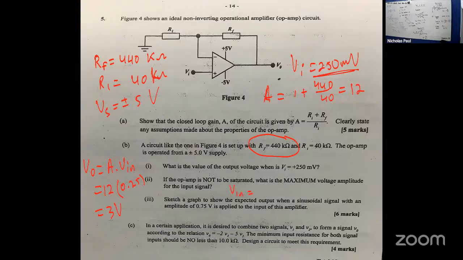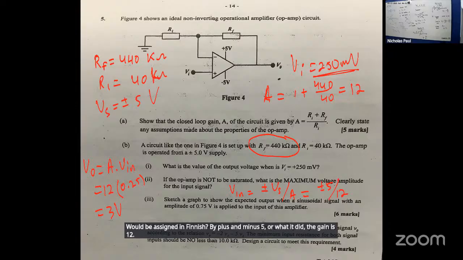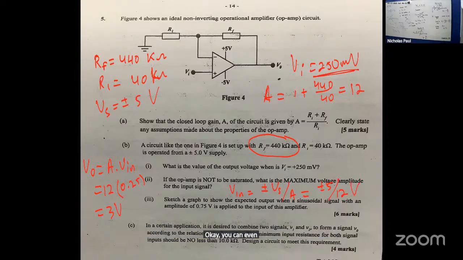It's on the board. You want the bottom one here: plus and minus Vs divided by the gain. What's Vs again? 5. Plus and minus 5 over the gain, which is 12. Okay, you can leave it just like that.